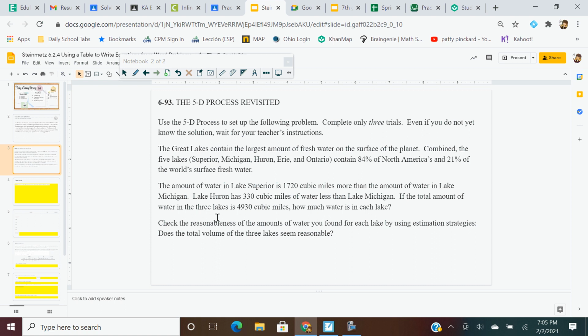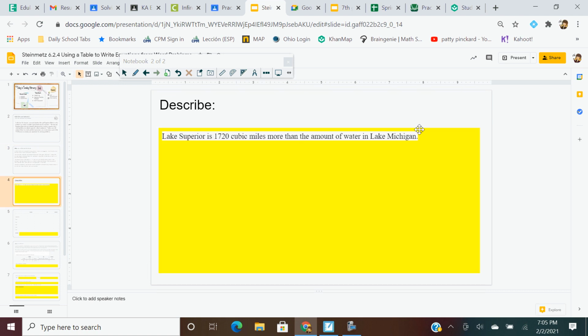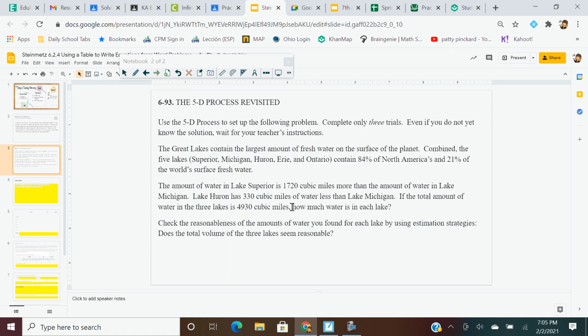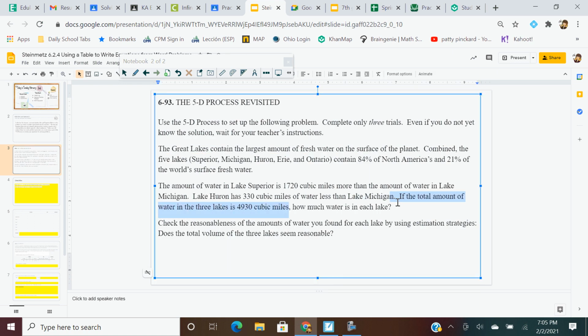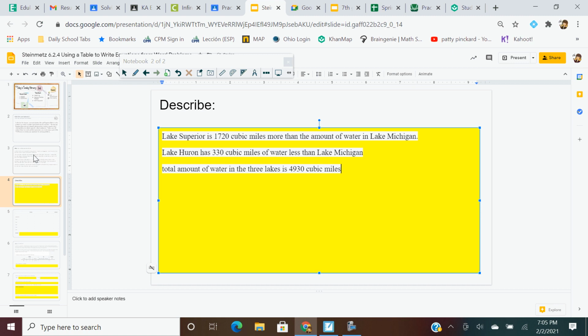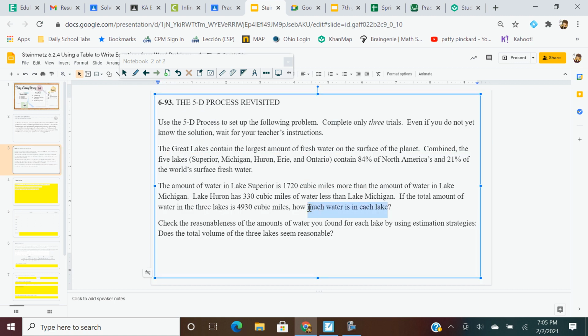Then it goes on to say Lake Huron has 330 cubic miles of water less than Lake Michigan. That's going to go into our describe. Then it tells us that the total amount is 4,930 cubic miles. And the question is how much water is in each lake?